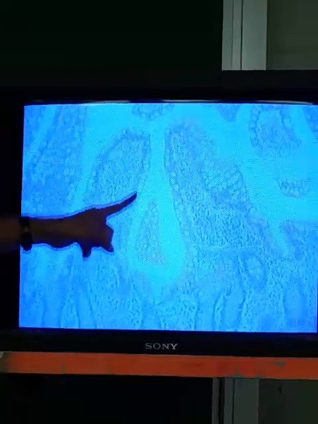So that's a villus, simple columnar epithelium with goblet cells. In the stomach, there are no goblet cells in simple columnar epithelium. This is our lamina propria. These are intestinal glands. What's that? Muscularis mucosa. Here's our lamina propria.